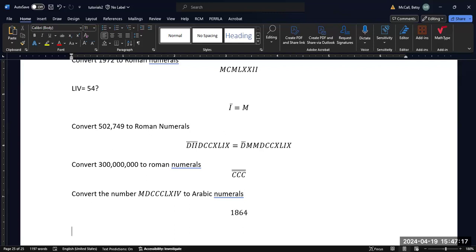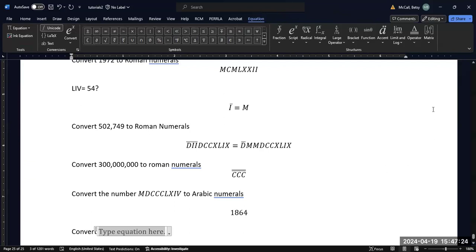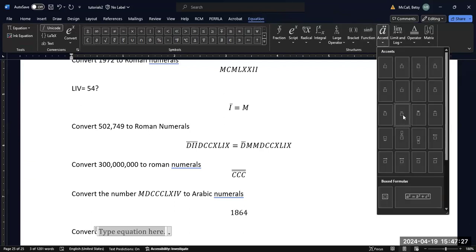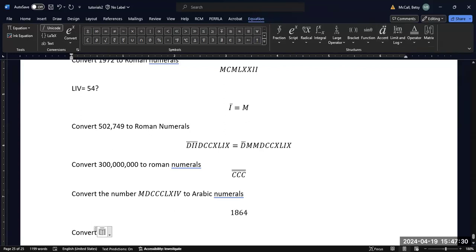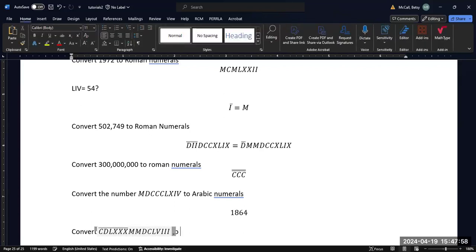And then let's just do one more. So convert the number, and let's do a biggish one, CDLXXX with a bar over it, MDCLVIII to Arabic numerals.